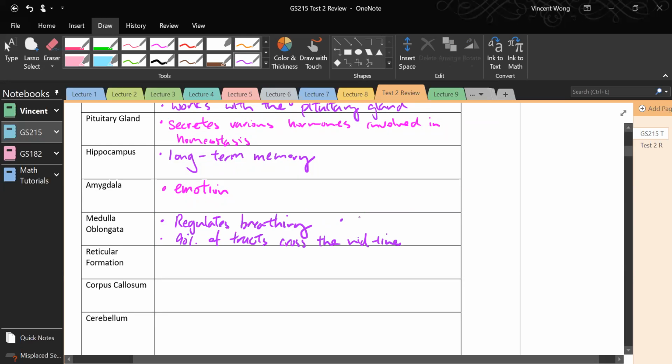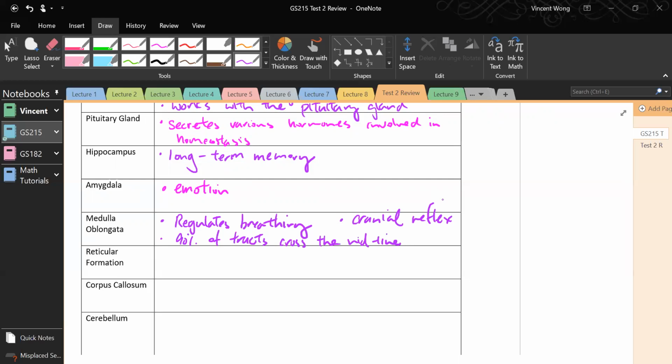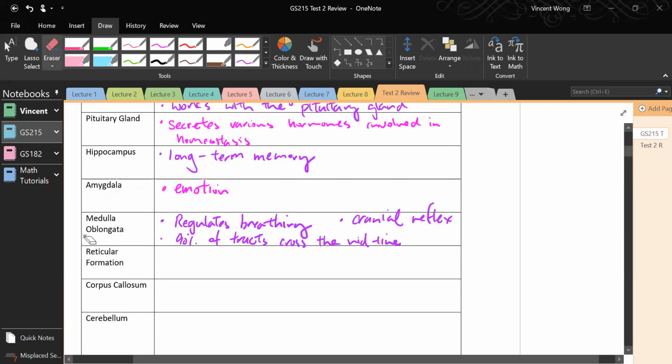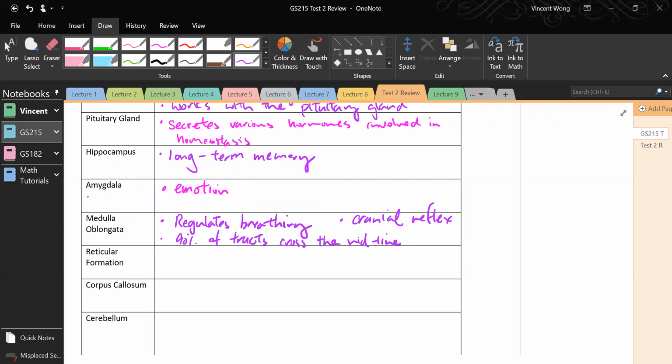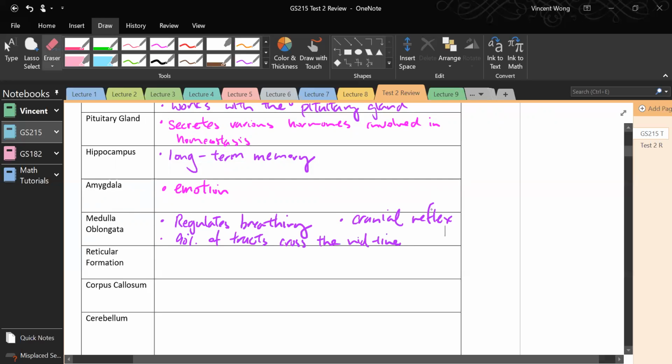It's also responsible for various cranial reflexes, such as swallowing, vomiting, coughing. All those things are regulated by the medulla oblongata. So when you take cough syrup like codeine, for example, it suppresses your medulla oblongata, so you stop coughing.